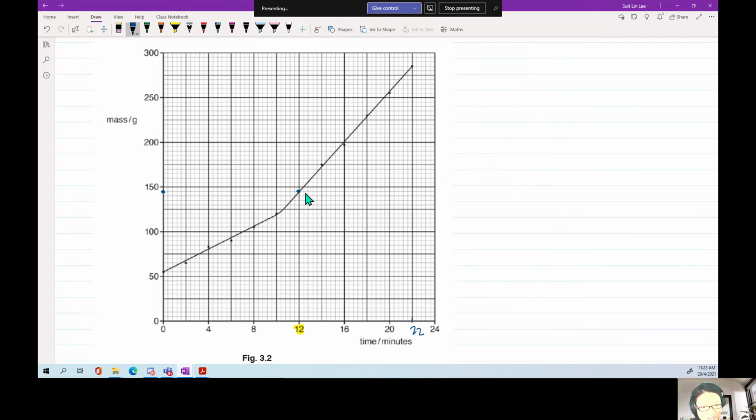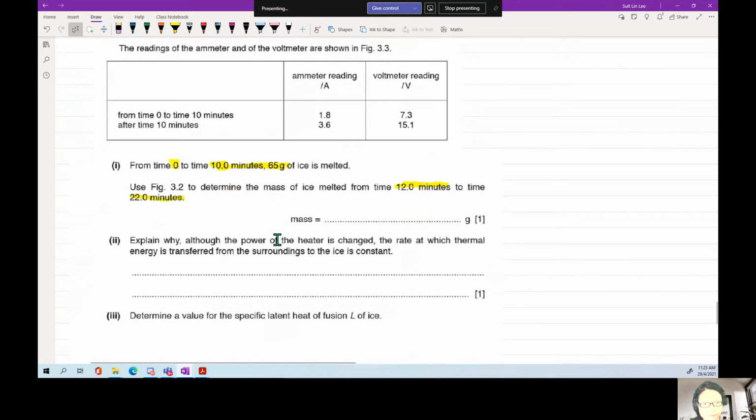All right, so this is 145. 12, 145, okay. And this 22 would be 285. 285 minus 145. That will be 140 gram. This is what I mean by it's an easy chapter.